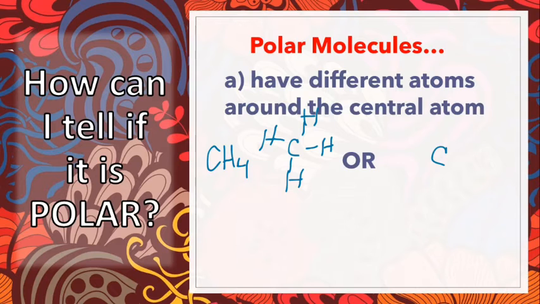But if one of those was like an oxygen instead, or like a chlorine, let's make that a chlorine just to make me happy. This is totally a molecule that exists, and it's polar just because one of those outer atoms is different.